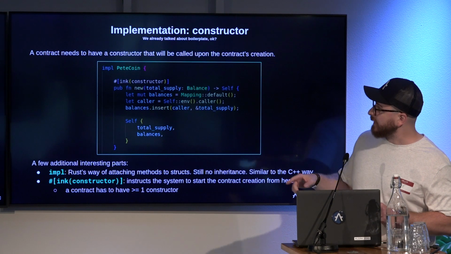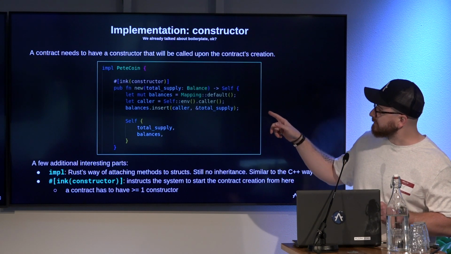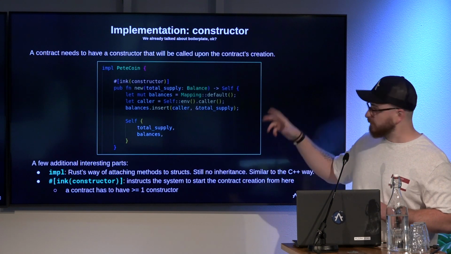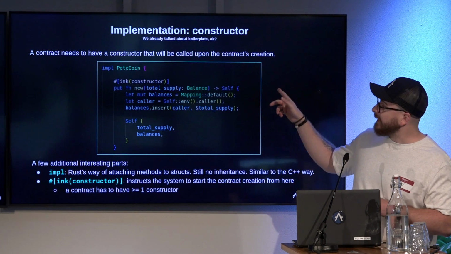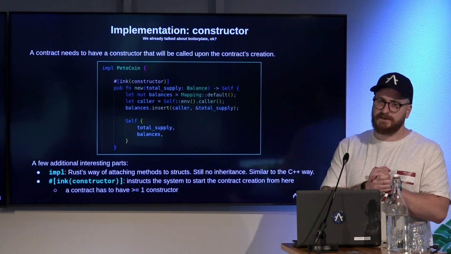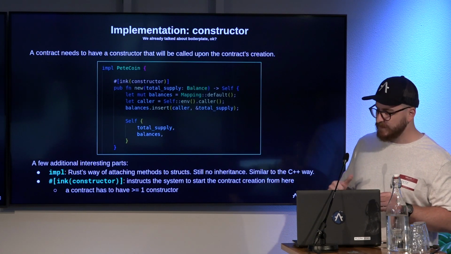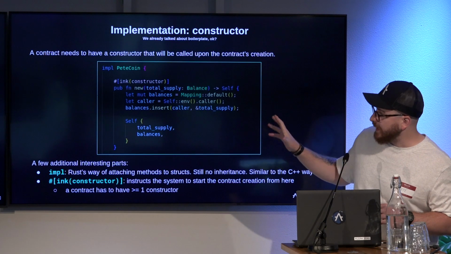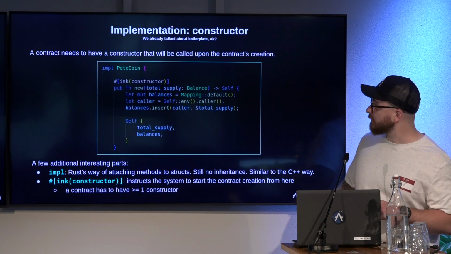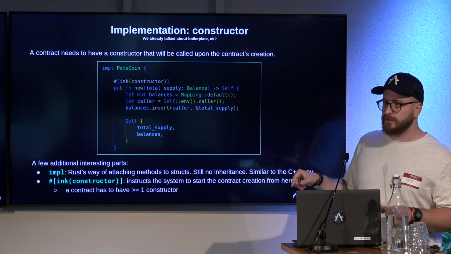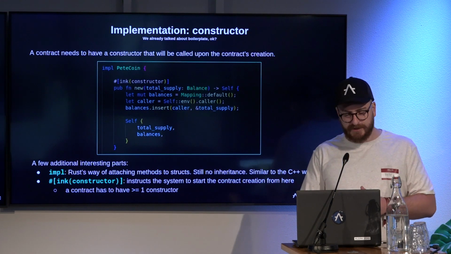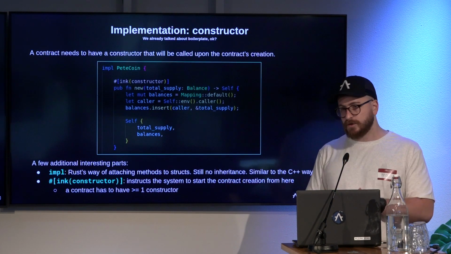Here we are doing a very simple thing. We are creating a variable called balances, where we are assigning a default mapping. Remember the default? It's here again. A default mapping is basically an empty mapping. And then we are using this magic env function called on the class itself to get the caller of the smart contract, because it's quite important for the smart contract to know who's calling it.